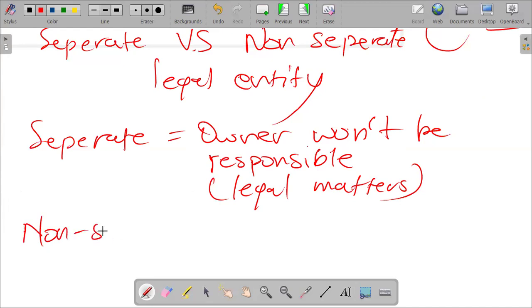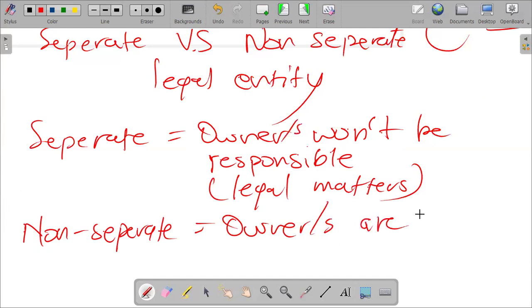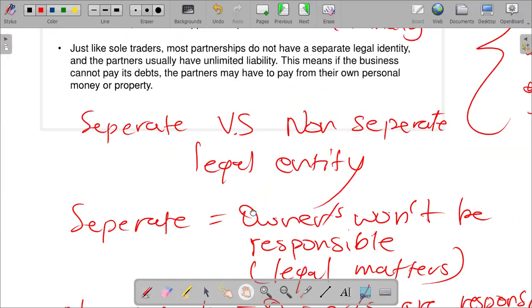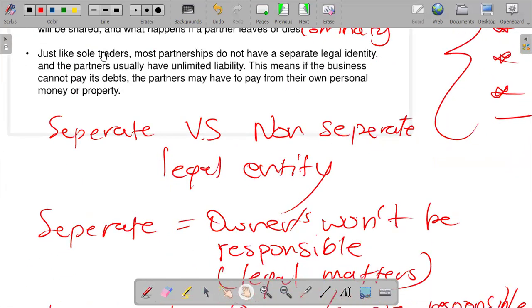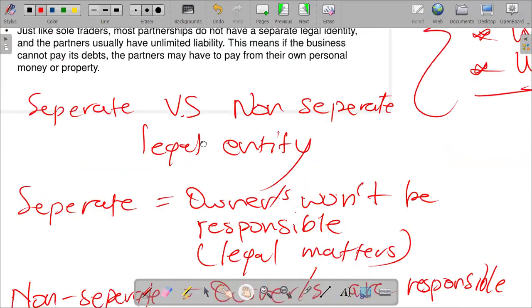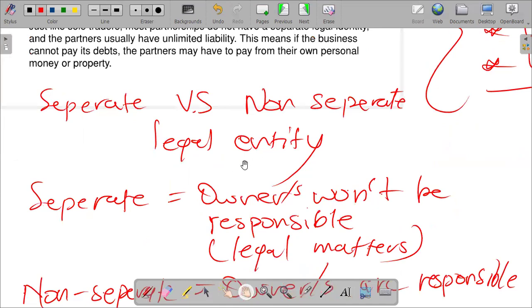Non-separate, the owner or owners are responsible. All right, don't confuse the two. So just like sole traders, most partnerships do not have a separate legal entity, and the partners usually have unlimited liability. Again, we're talking about legal entity.